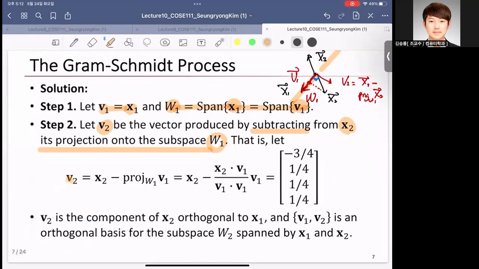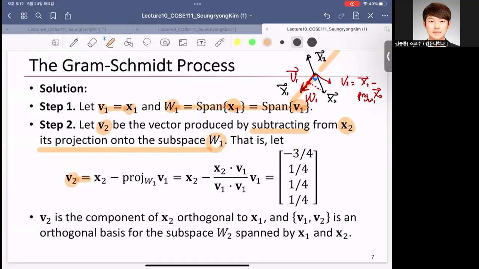So v2 is equal to x2 minus the projection onto the W1 space. How can I compute this projection onto W1? By definition, it is x2 inner product v1, over v1 inner product v1, times v1.